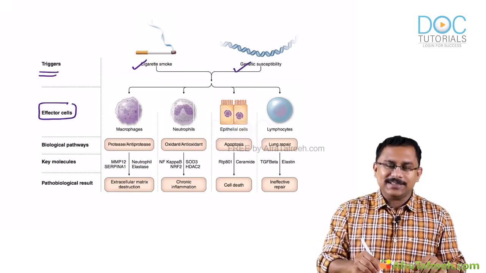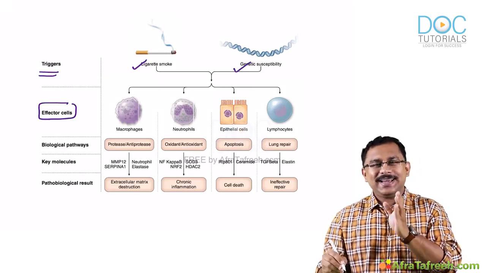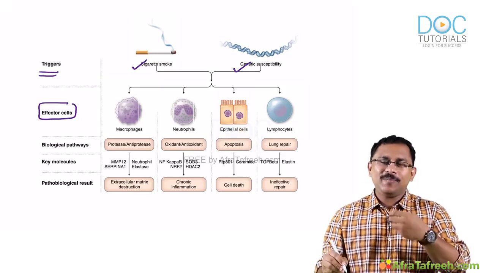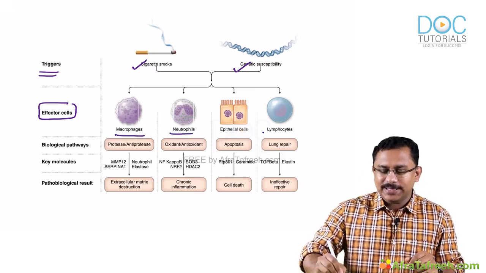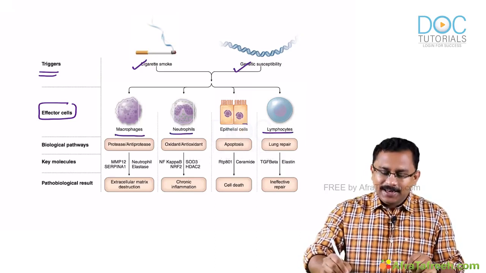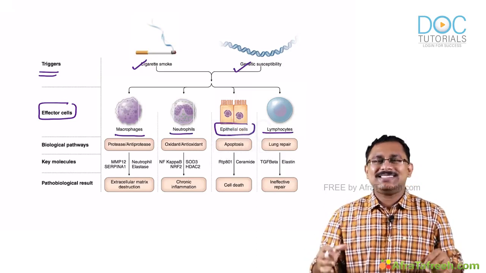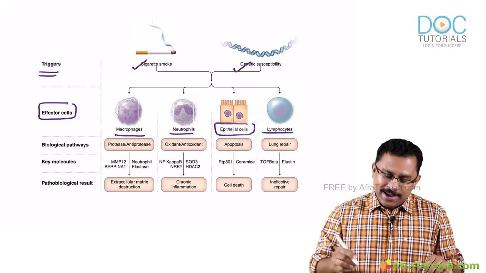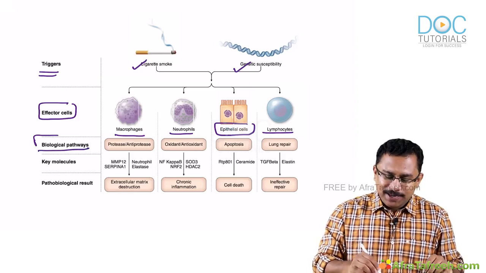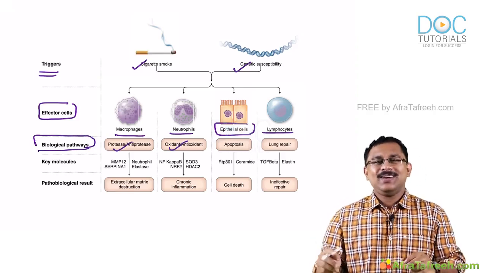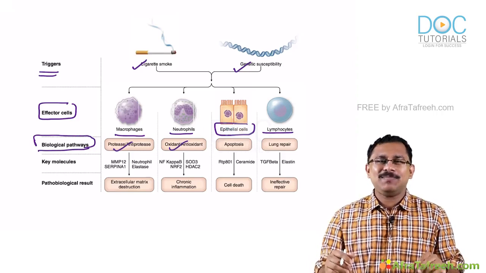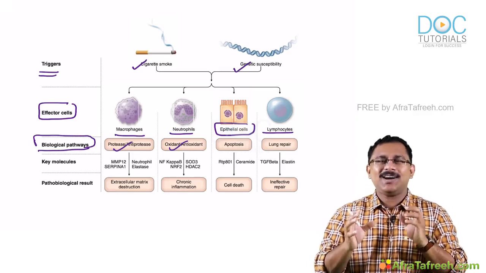The effector cells, I told you it is an inflammation, so inflammatory cells are important. You have the macrophages, neutrophils, lymphocytes, and there is a role for the epithelial cells as well. And the various biological pathways, you remember two important pathways that I have mentioned, where normally the balance is important, but that balance is disturbed here.